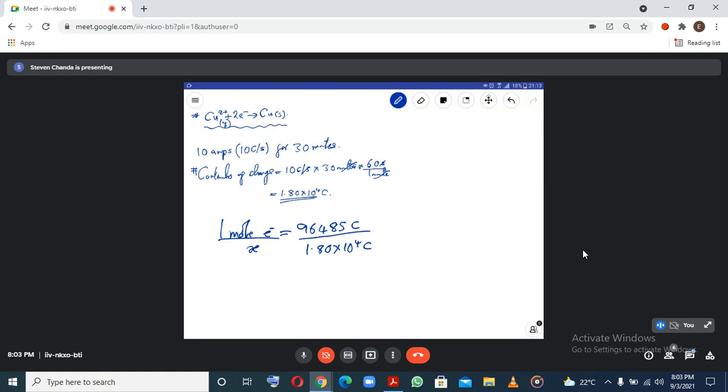So then you cross multiply here: 96,485 coulombs of charge to one mole of electrons, and 1.80 times 10 to the power 4 coulombs to the unknown. So you divide by 96,485 coulombs, and the coulombs cancel.